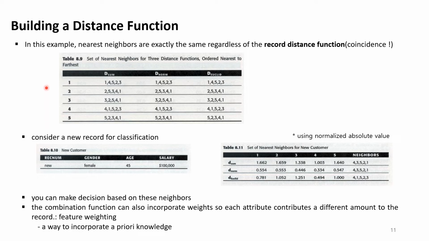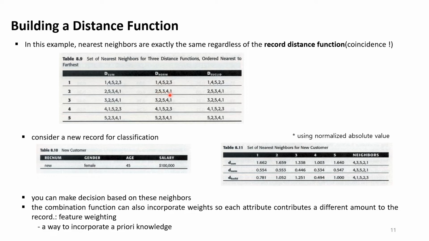So in this table, for each record, we compute the nearest neighbors by using different record distance functions. For example, for record 1, if you use dsum, which is Manhattan distance, then the nearest neighbors are 1, 4, 5, 2, 3. And for record 2, if you use, let's say, dnorm, which is normalized Manhattan distance, then the nearest neighbors are 2, 5, 3, 4, 1.